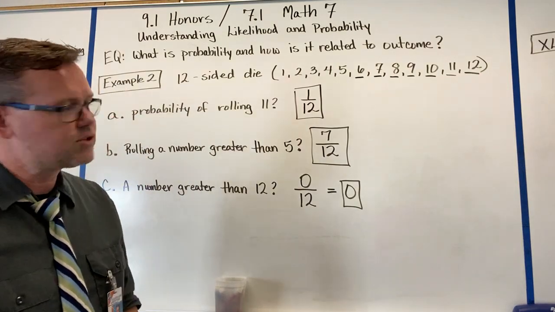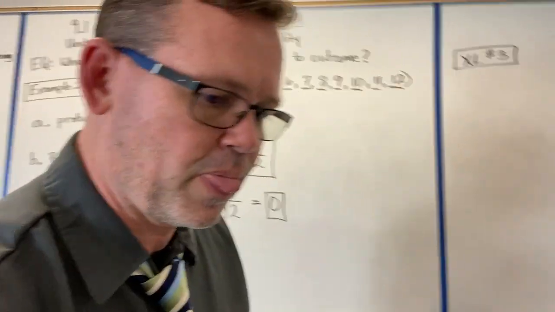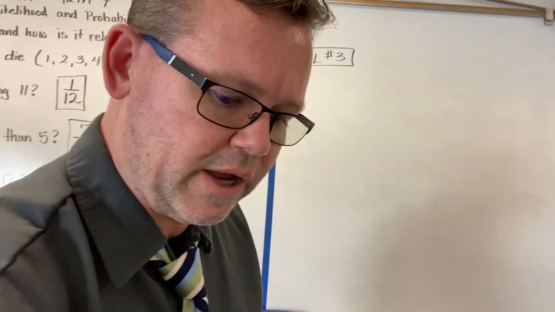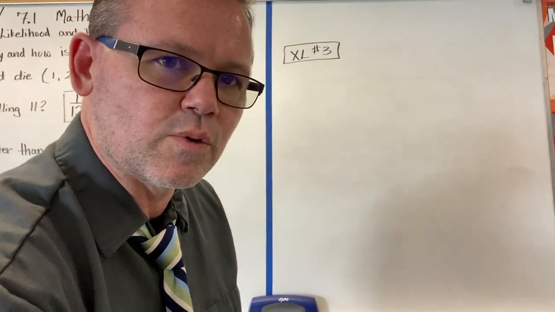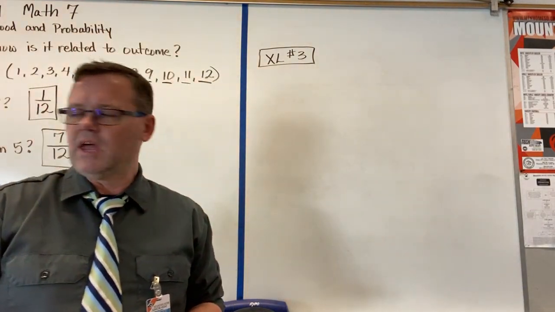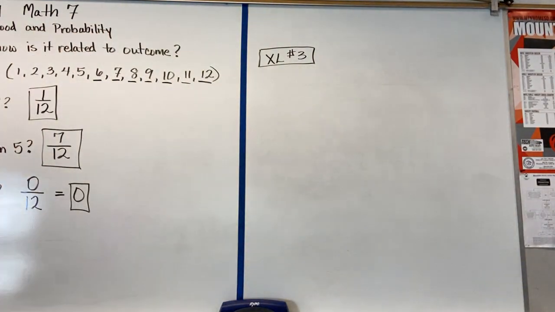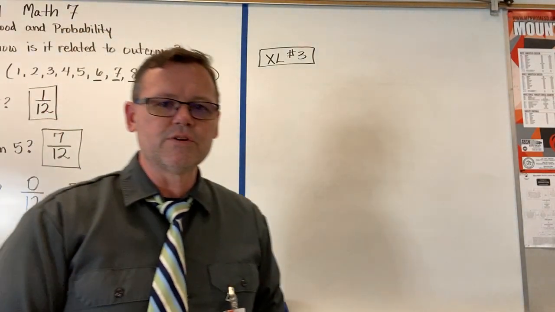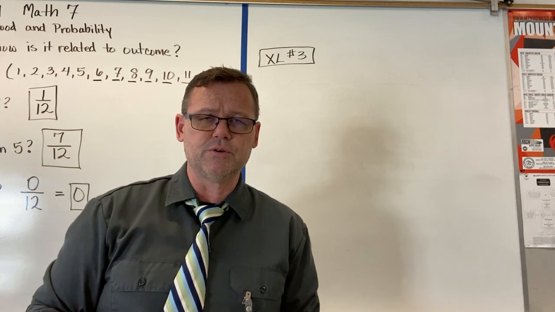All right, let's look at Excel number 3. So here's what we're looking at. I'm going to read this, and then we'll go through it and show you how to solve it. Remember, you could read yours too, okay?